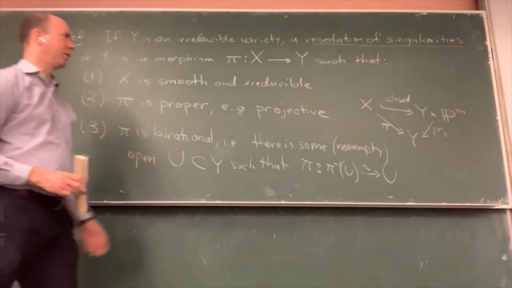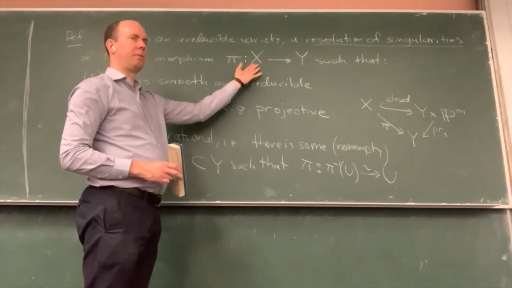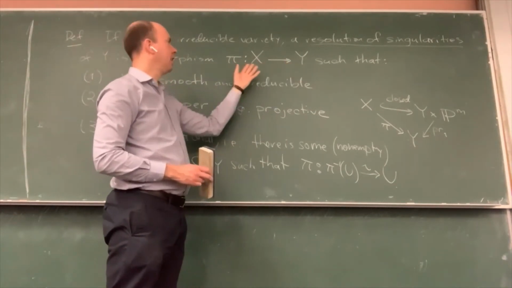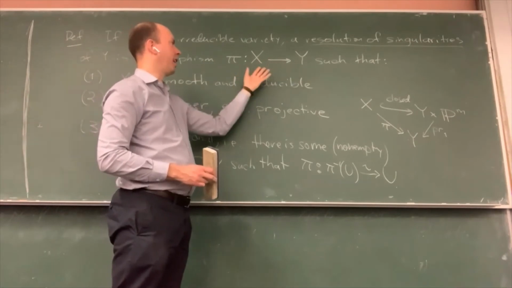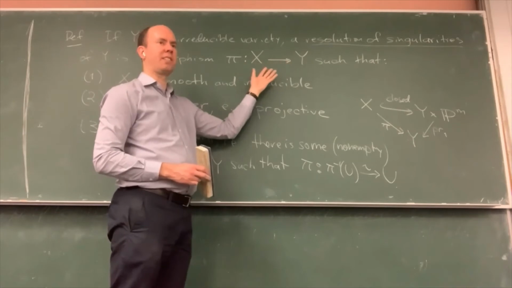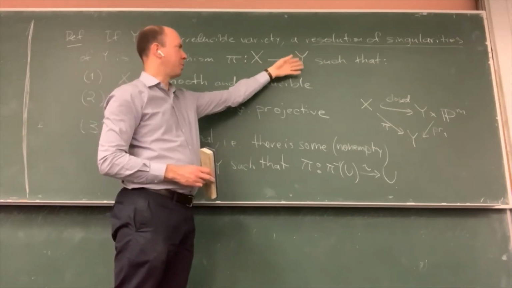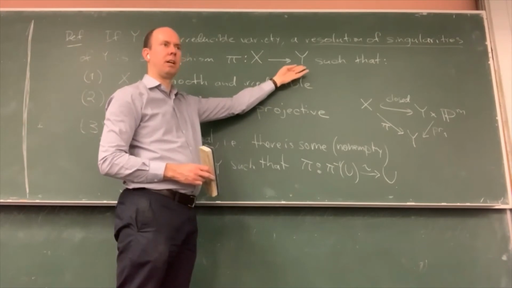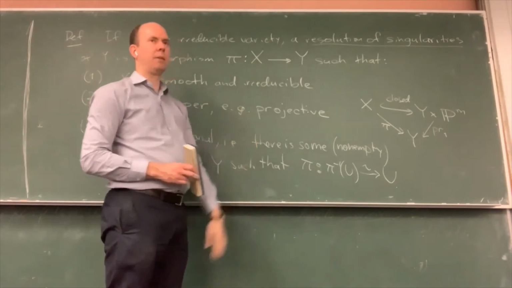So we think of the smooth variety X, which has no singularities, as resolving the singularities of the variety Y. And to go from Y to X, we've changed things a little bit. They're isomorphic on open dense subsets, but in the parts which are not in this open subset U, we could have changed what was in Y quite a bit.